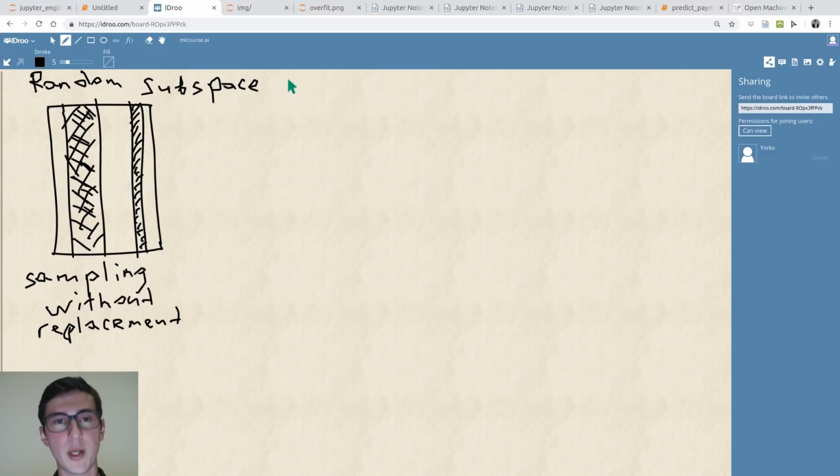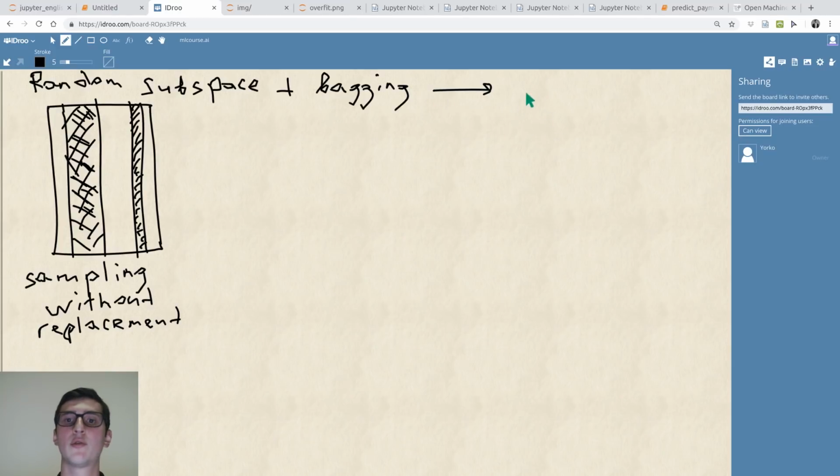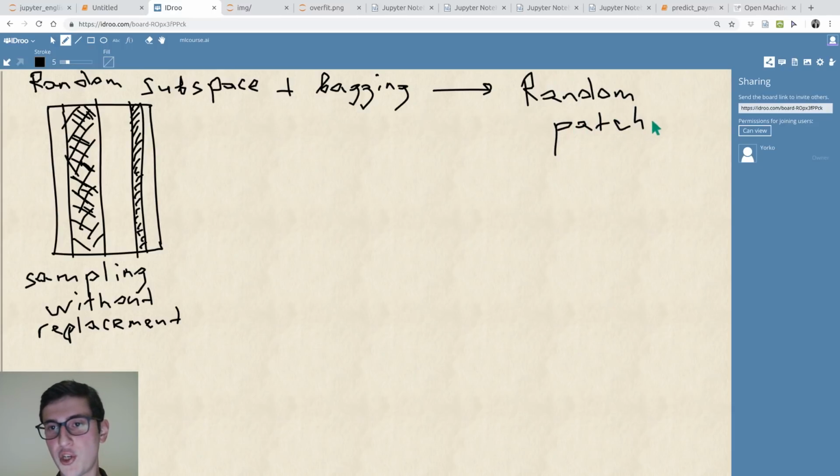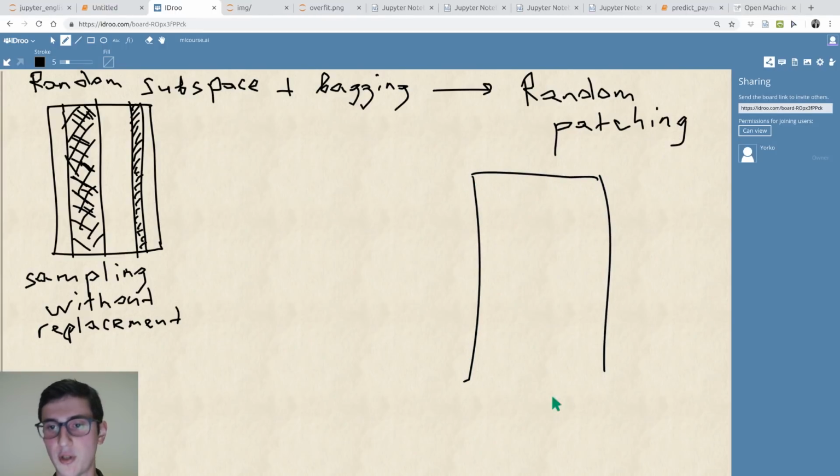Okay, so if we combine this with the idea of bagging, we'll subsample rows and columns, and then it leads to random patching. Random patching is actually subsampling rows and columns, so I can actually depict it as taking different patches of the initial matrix.